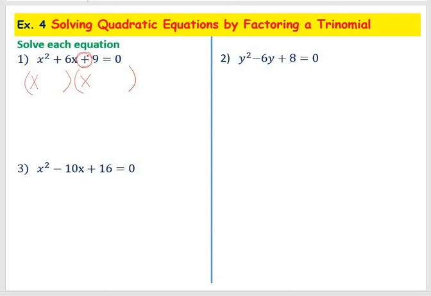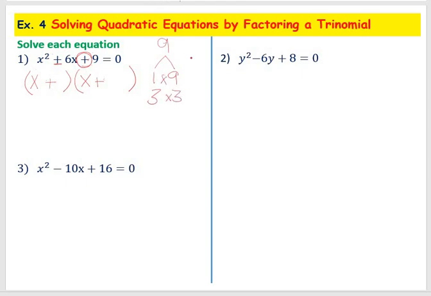If my leading sign is plus, then both of the brackets have the same sign. Like what? Like the sign in the middle. Here I have in the middle plus, so I'll put here plus and plus. And I'll forget about it. Now, I'll take this 9 on the side. I'm going to factor the 9 first. It can be 1 times 9, and it can be 3 times 3.